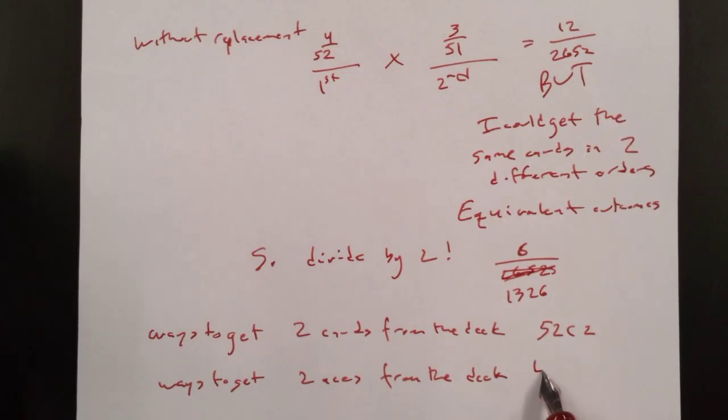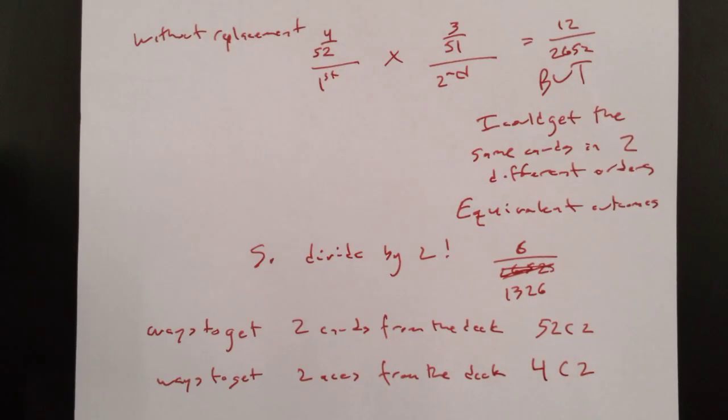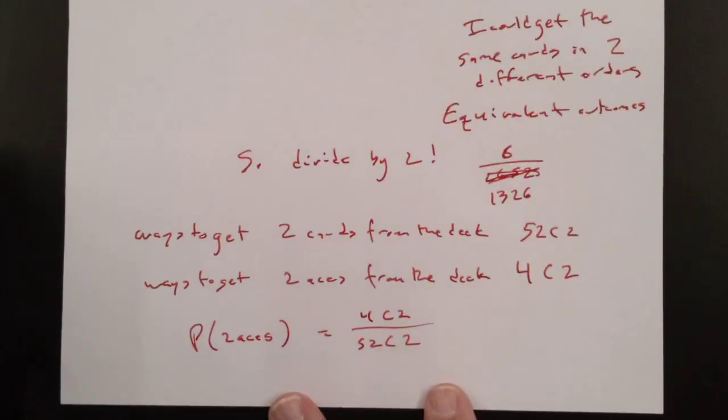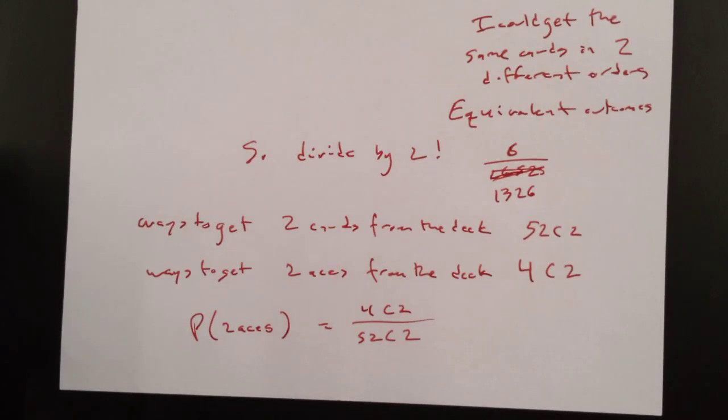Out of the 4 items, I want 2 of them. So the probability of getting 2 aces is 4C2 over 52C2. Grab your calculators. What's 52C2?